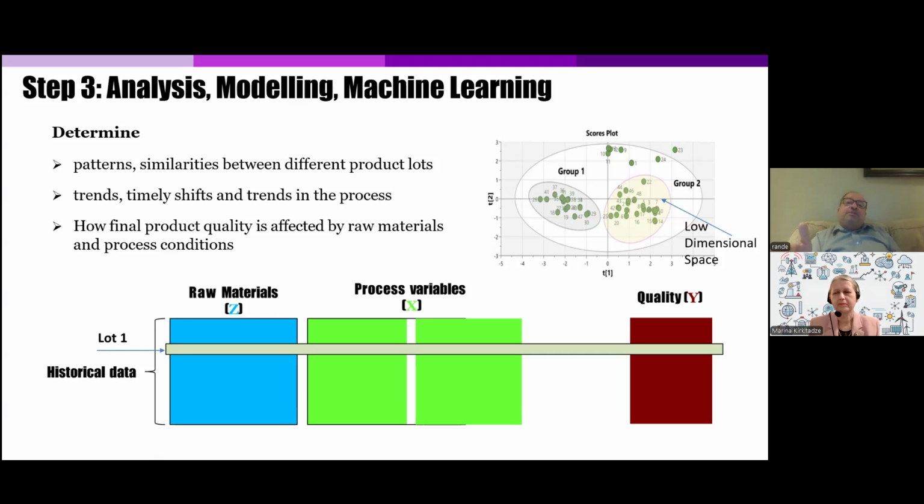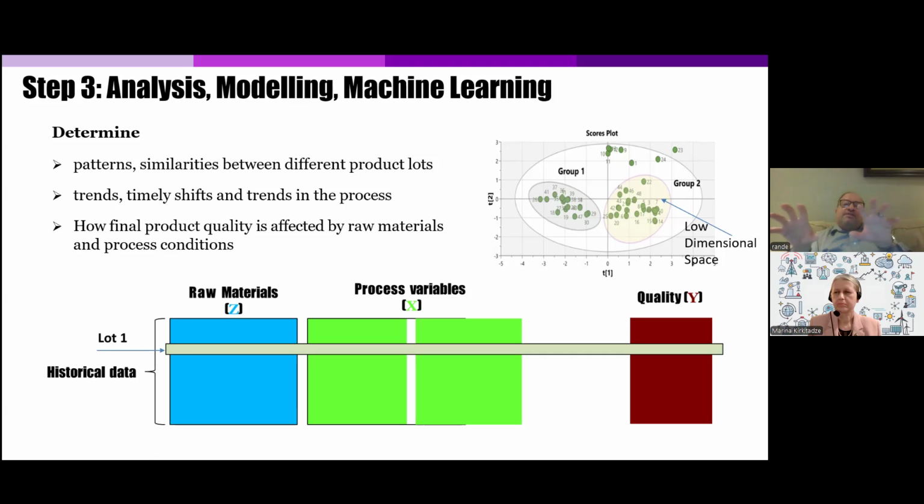Here, the same applies. We have a score plot, and you can see two clusters, and each dot represents one lot. Why do we have two clusters? We can see that group one was produced under particular conditions and group two was produced under different conditions.